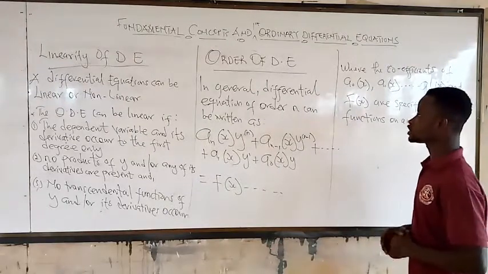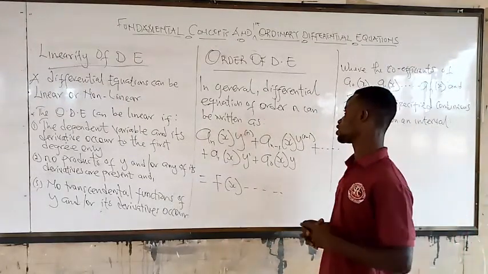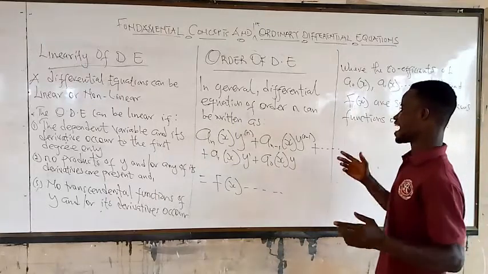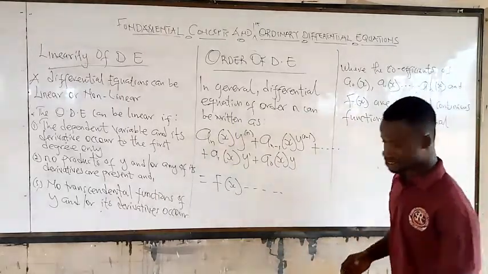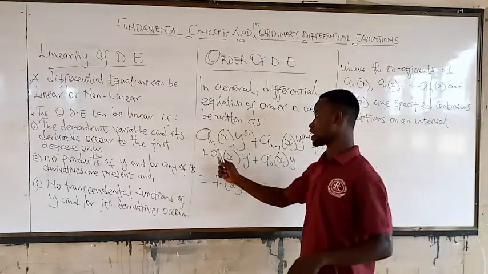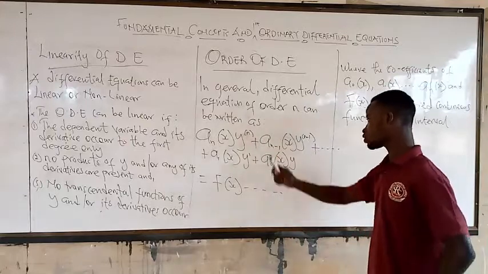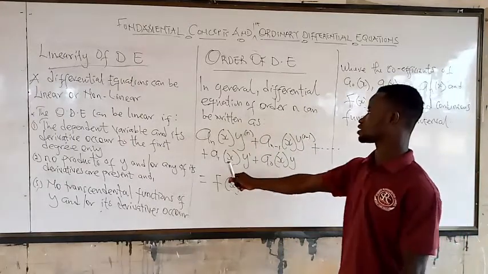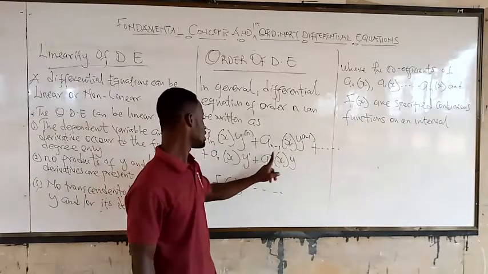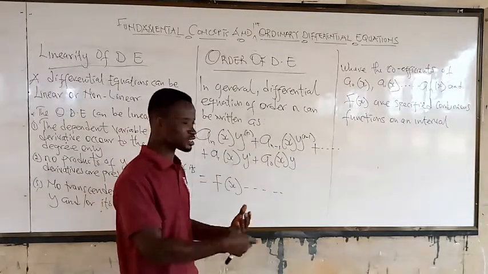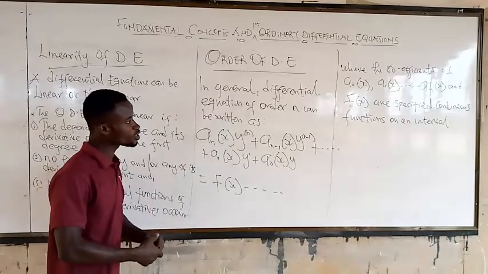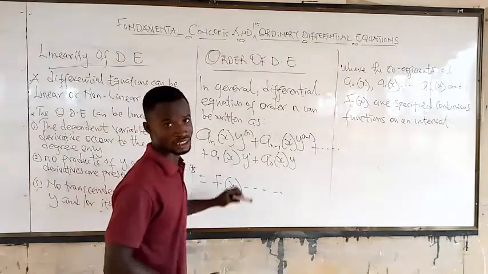In general, differential equations of order n can be written as a subscript n, and so on. So the n here is the order, then the order reduced by 1, then it goes like that. That is the differential equation of order n in general form.